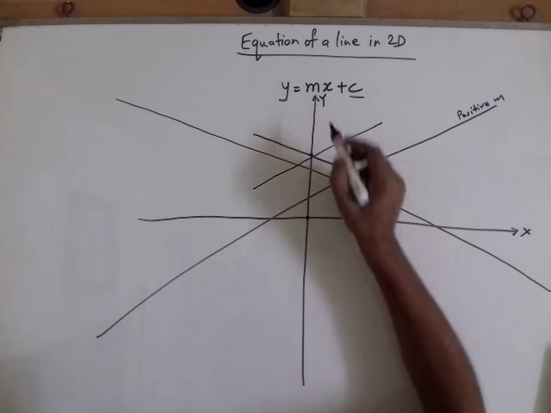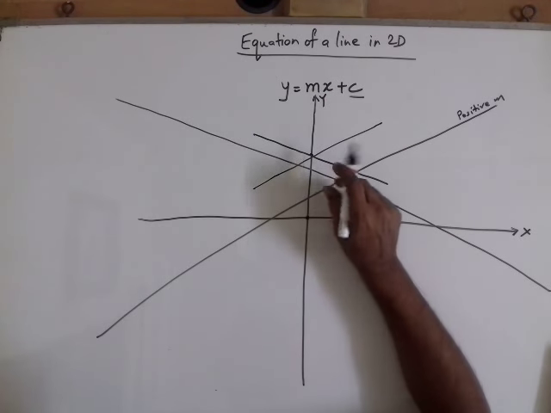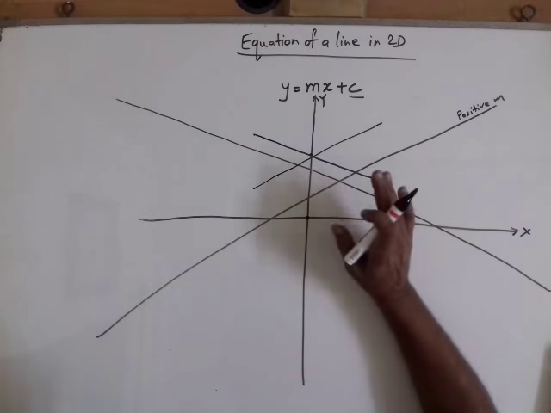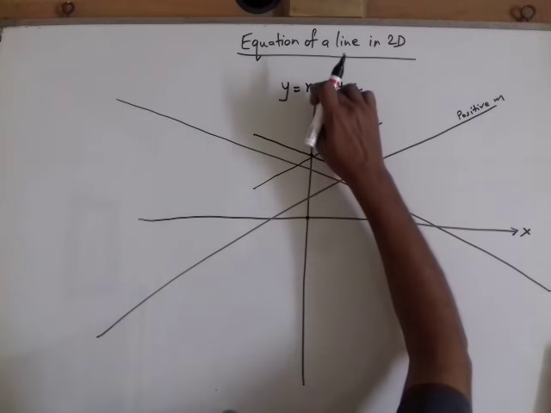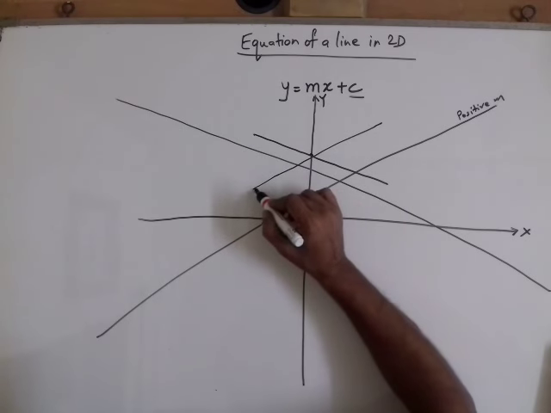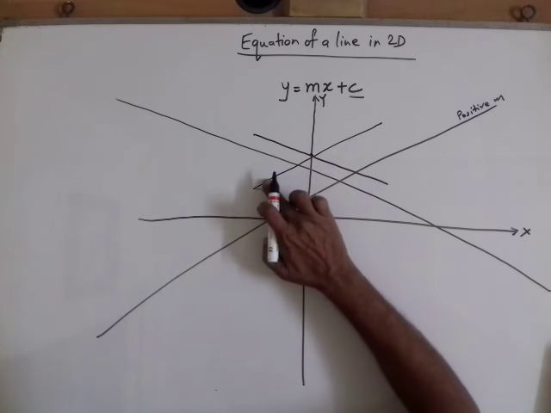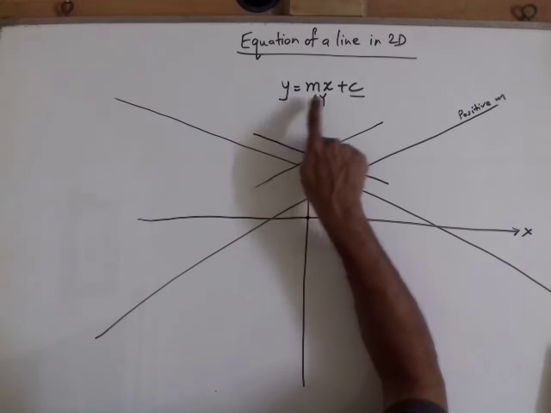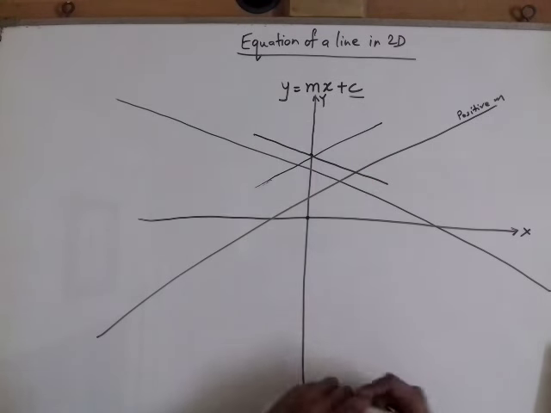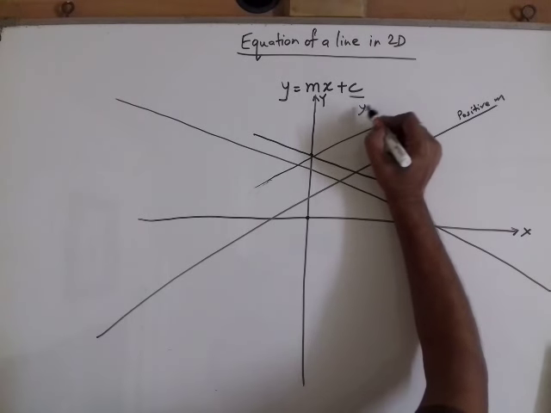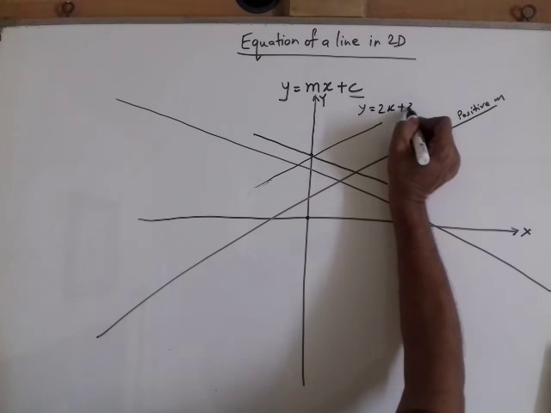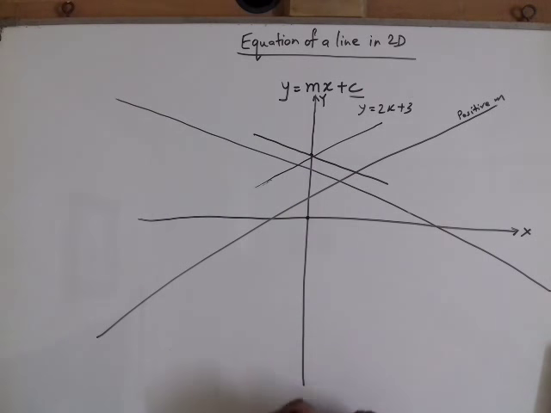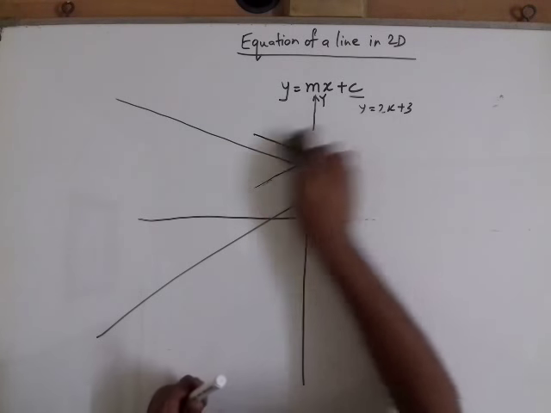Now just the value of m would not tell you how much to tilt the line. You could go into trigonometry, where m was really tangent of the theta with the horizontal, but let's not get into those complications. But given this format and given actual values, for example, if they told you y is equal to 2x plus 3, you could visualize how the line was going to play out in the coordinate planes.